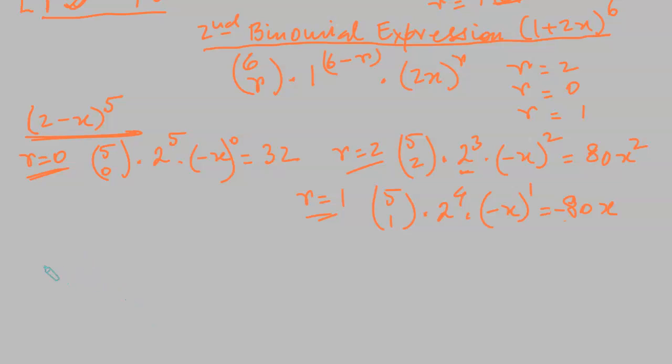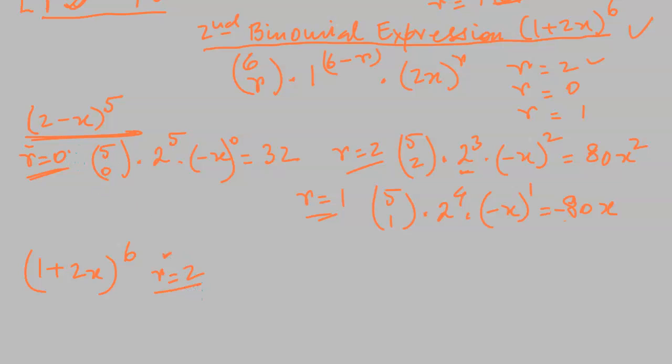The second binomial expression is 1 plus 2x raised to the power of 6. And what is the first value of r? It is 2. So r is equal to 2, in 6CR, so it is 6CR. And mind you, this r and this r are not the same.